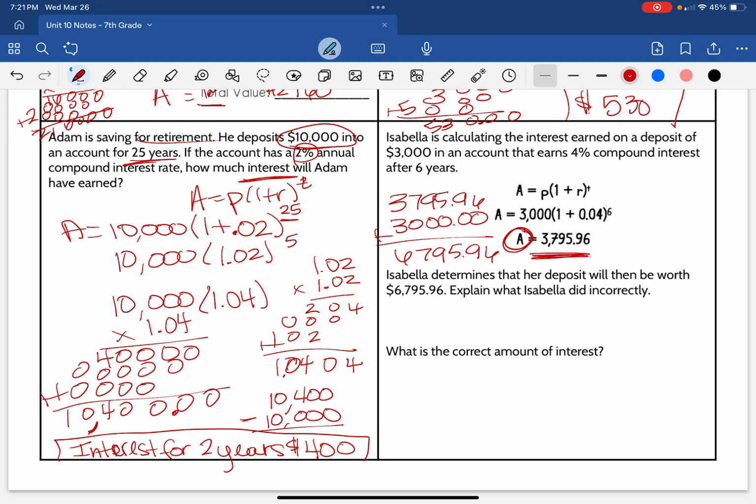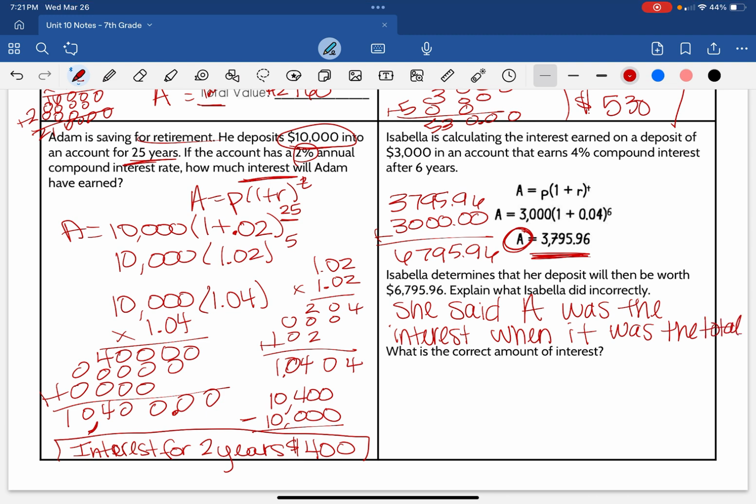This is the total. She added these, treating this like it was the interest, and it's not. So she said that A was the interest when it was the total.